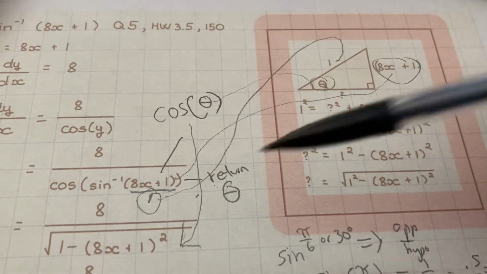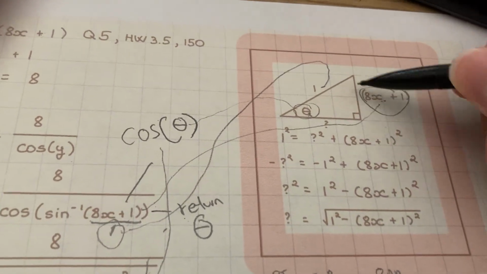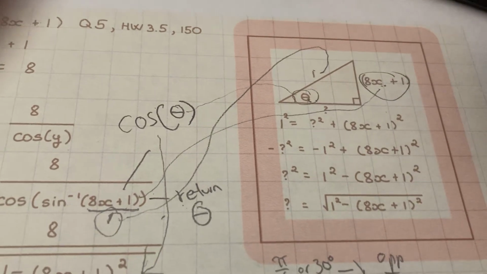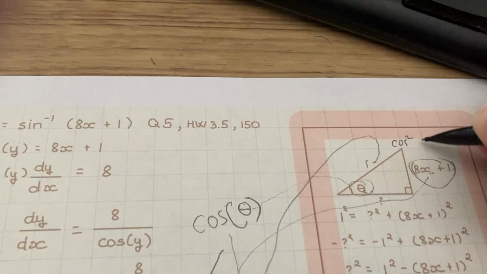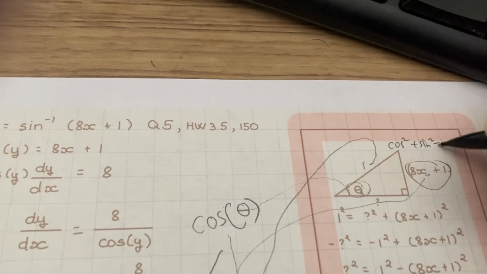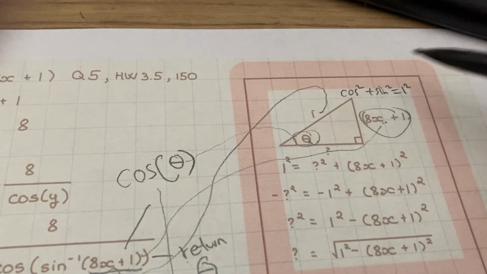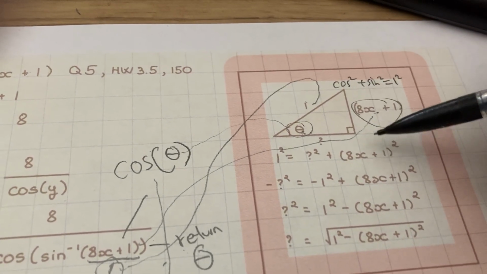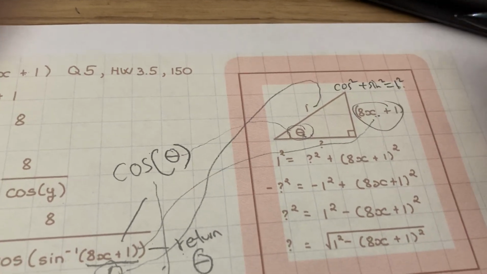So where did this funky thing come from? Let's go back to this unit circle. In this unit circle, I have this as the opposite, this is the hypotenuse, and this is the theta. And I know that cosine squared plus sine squared equals 1 squared in the unit circle. Why? Because it's the Pythagorean theorem, with all of the denominators being 1 in the unit circle.